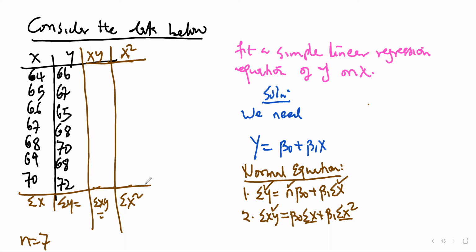So someone help me get summation of y. We know n is 7. Summation of x. Summation of xy. Summation of x square. Once we get those values, we plug them into our normal equations, then we'll end up with some simple equations which you can solve quite fast.